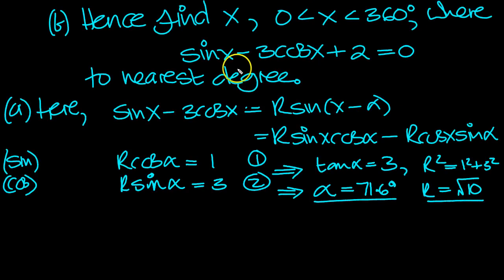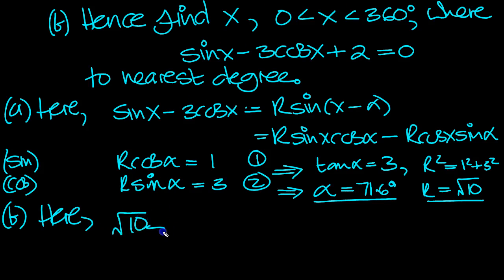Okay, so find x where this is. For part B, this is what we were dealing with, so we can replace that part by this. So r, which is root 10, sin of x minus alpha, so it'll be x minus 71.6 degrees, is equal to, I move this 2 over to minus 2.